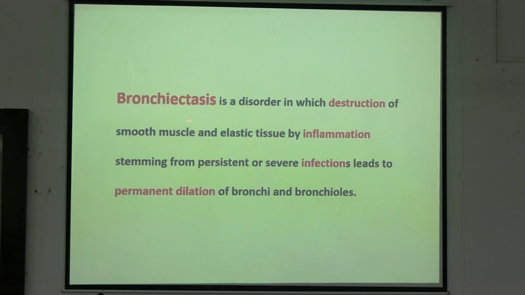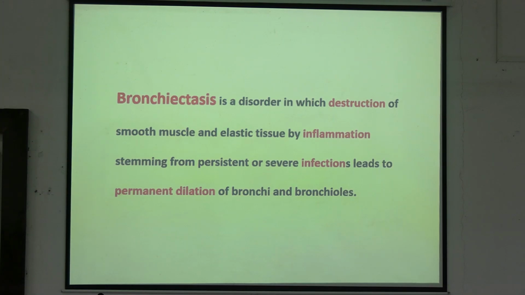So what is bronchiectasis? It is a disorder in which there is destruction of smooth muscle and elastic tissue of the lung. Lung has elastic recoil, so the smooth muscle of the lung is destroyed. There is loss of elastic recoil caused by inflammation due to infection.